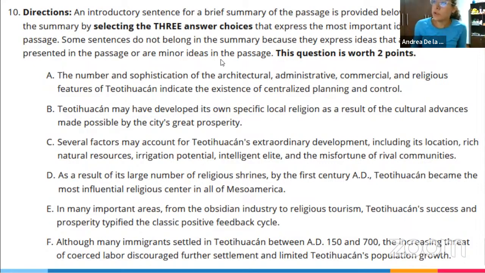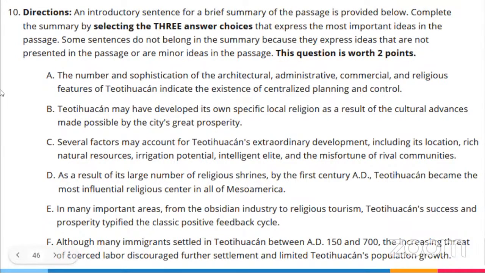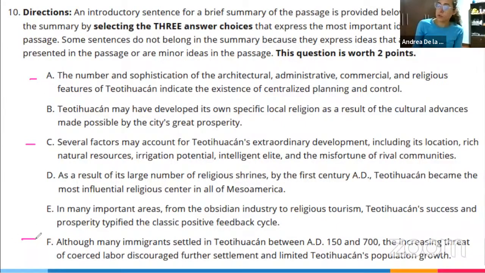Okay, guys, so what would you say? What are the three options that you guys would choose? Well, actually, I don't remember the passage, but I consider that it could be letter A, C, and probably F. Elizabeth, what about you?